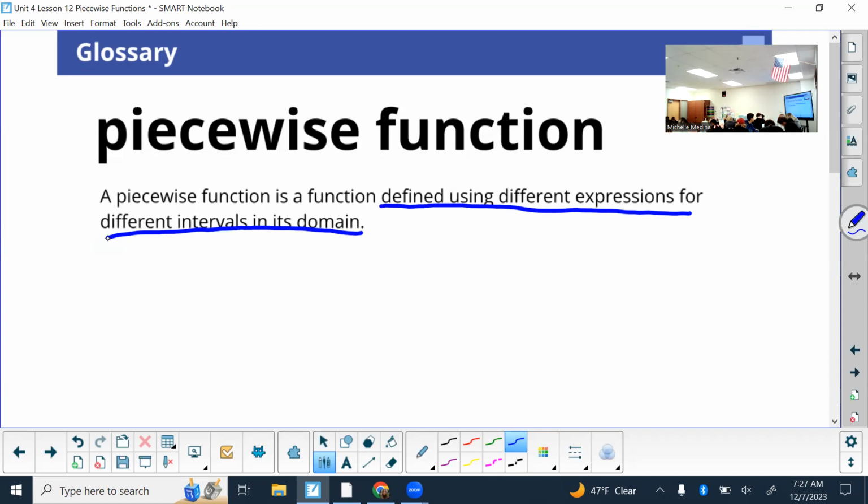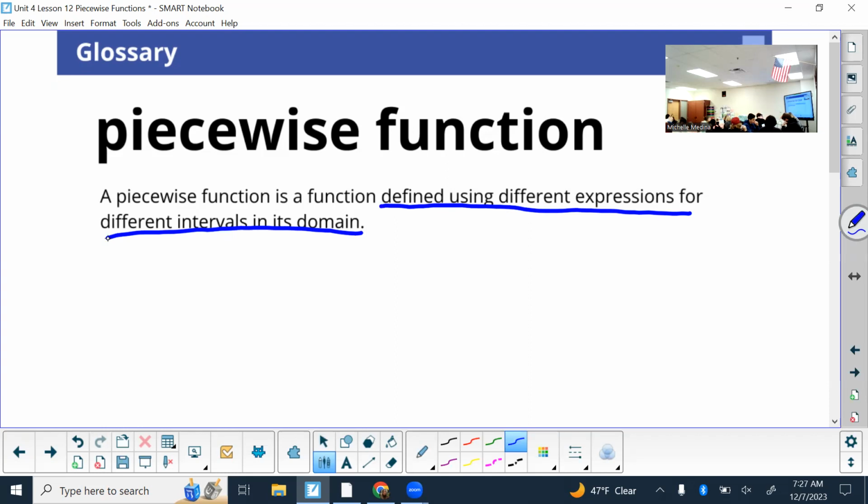Okay. So is it a piecewise function? Yes, if they use different expressions for different intervals in its domain. So when you look back to the one about the frozen yogurt, from 0 ounces up to 8 ounces, it was 50 cents per ounce. And then from 8 ounces to 12 ounces, it was $4.